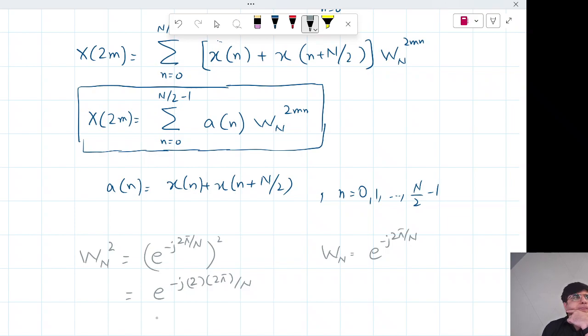So if you have something like 2 times 2 pi over N, is it the same as 2 pi over N over 2? It's the same, right?